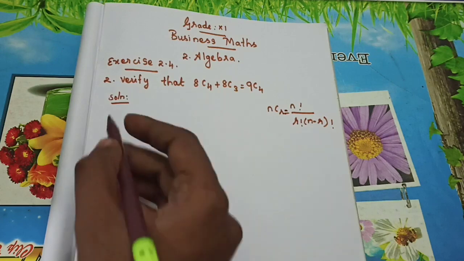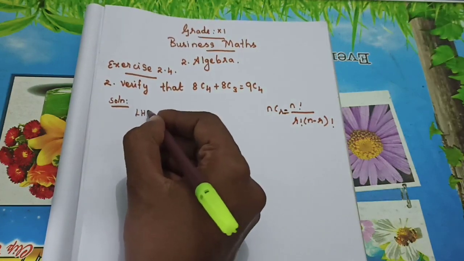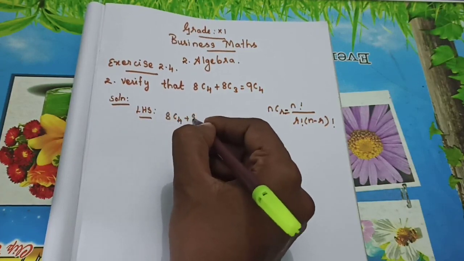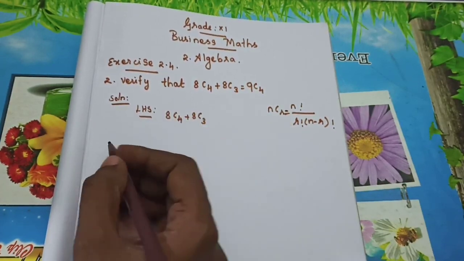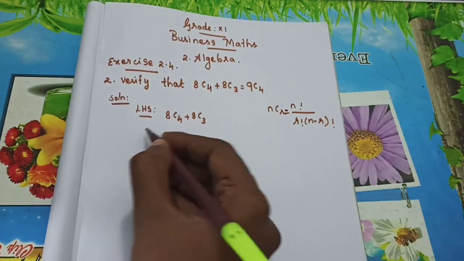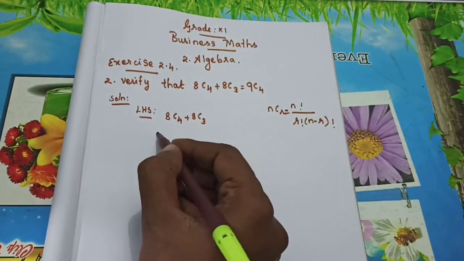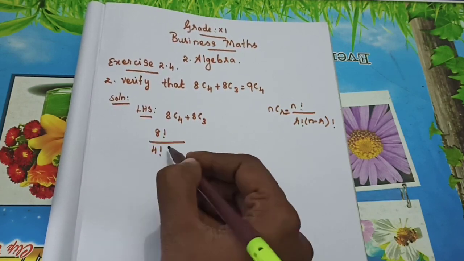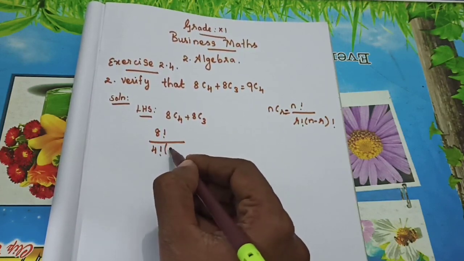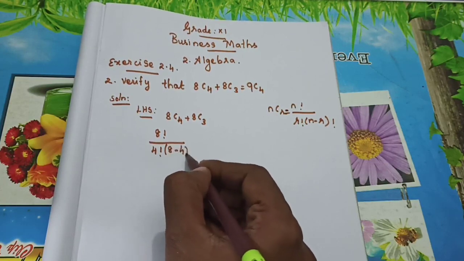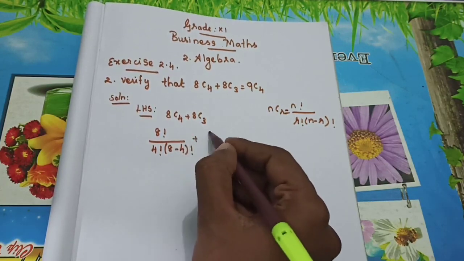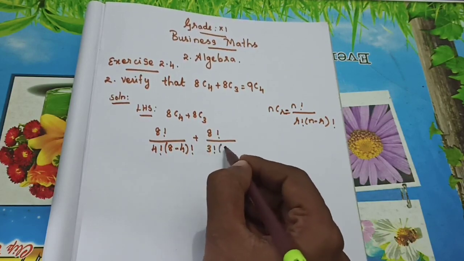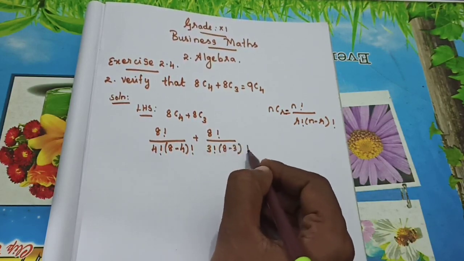Okay, so let us take the LHS first. What's the LHS here? 8C4 plus 8C3. Now for 8C4, applying this formula, you will get 8 factorial divided by 4 factorial into (8 minus 4) factorial, plus 8 factorial divided by 3 factorial into (8 minus 3) factorial.